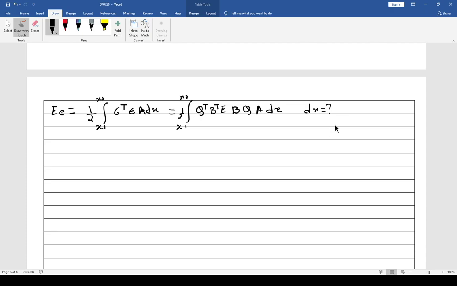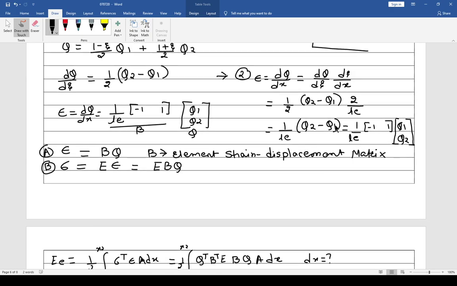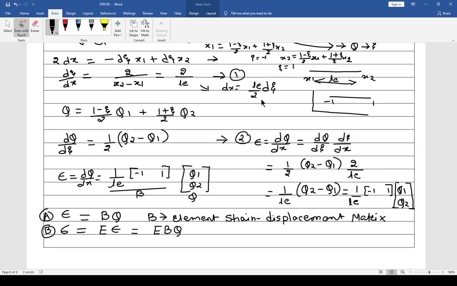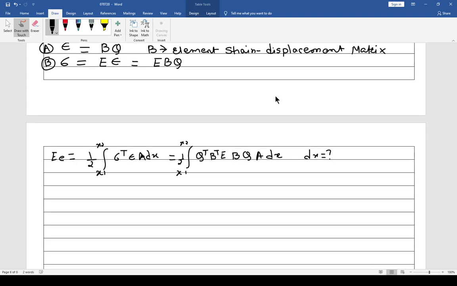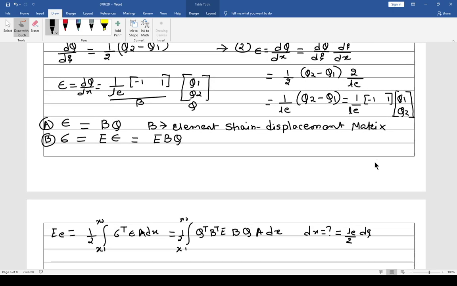So now I have dx equal to le by 2 d xi. It is le by 2 or 2 by le?